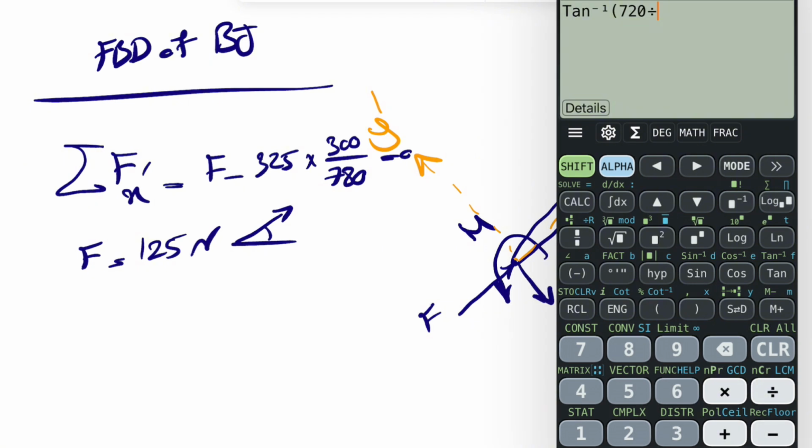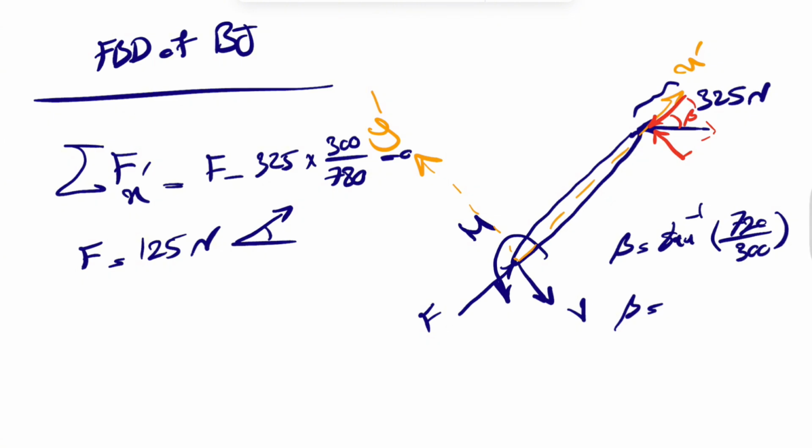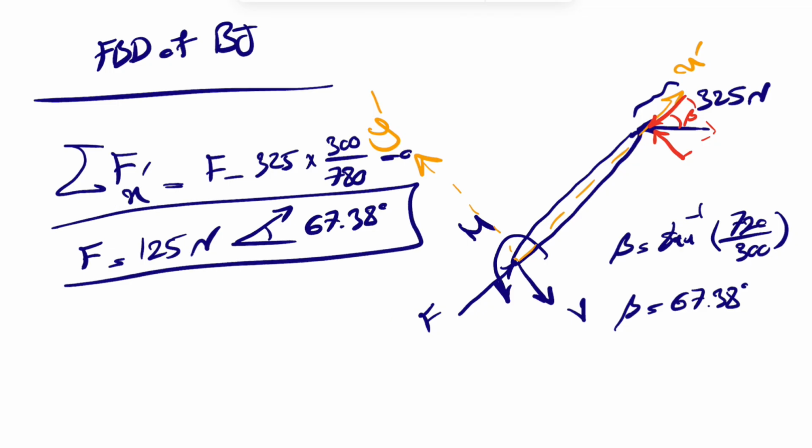And if we want to report the angle with our x or this one, we just have to find beta. Beta would be the tangent inverse of the opposite over the adjacent, 720 divided by 300, which is going to be 67.38. So the angle here would be 67.38. We found the first reaction.